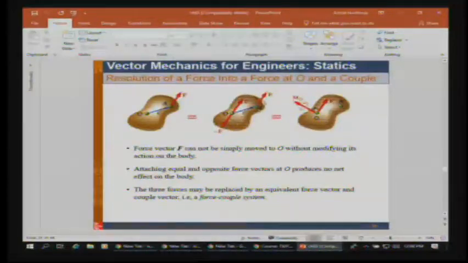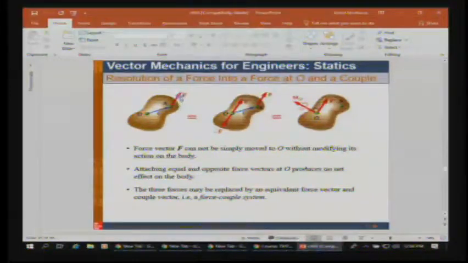In other words, if this is 6 units, an equivalent system will have a magnitude of 6 units, and you can resolve the rest of it into a couple. Now, the reason for that is that you can't simply move a force because the moment is going to be different.